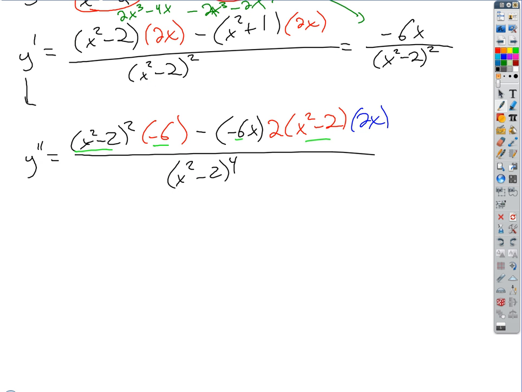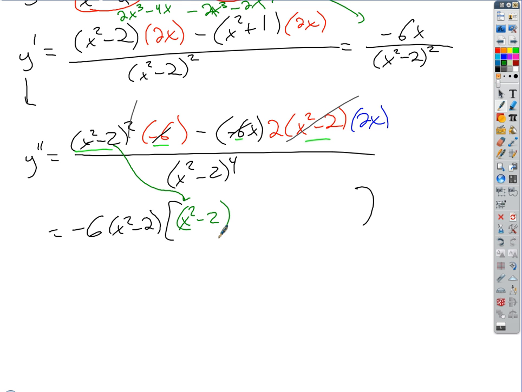So now we end up with negative 6 times, what power of the base x squared minus 2 can I factor out? One. To the 1, okay? And then I'm going to have a bunch of leftover stuff. Well, what's gone? That's gone, that's gone, and the negative 6's are gone, right? So then I'm left with x squared minus 2 times this, minus 2 times 2x, so 4x.